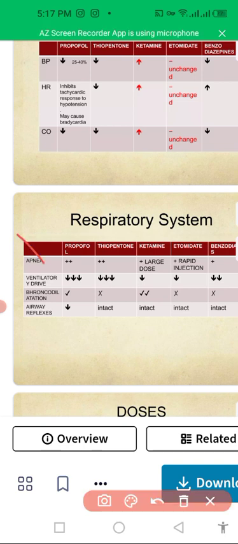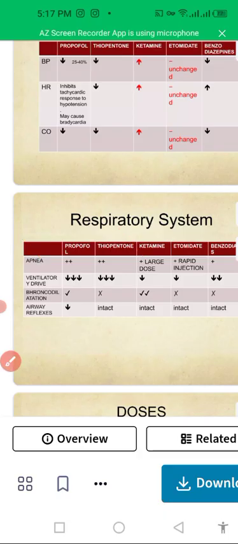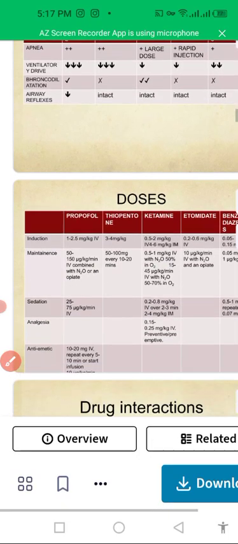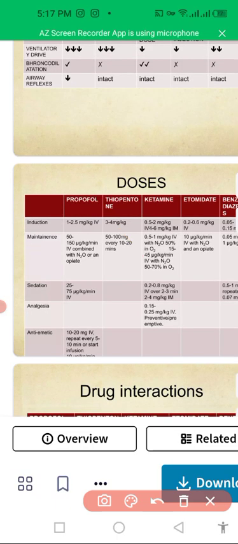Propofol causes apnea, and a large dose of ketamine also causes apnea. Now the induction dose of propofol is 1 to 2.5 mg per kg, and of ketamine is 0.5 to 2 mg per kg. The maintenance dose for propofol is 50 micrograms, and for ketamine it is 0.5 to 1 milligram per kg.